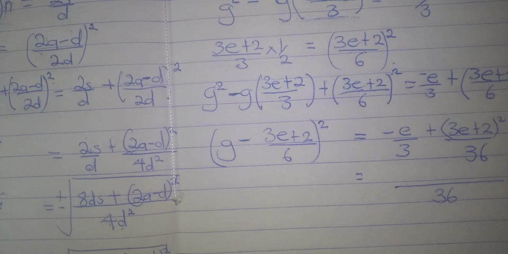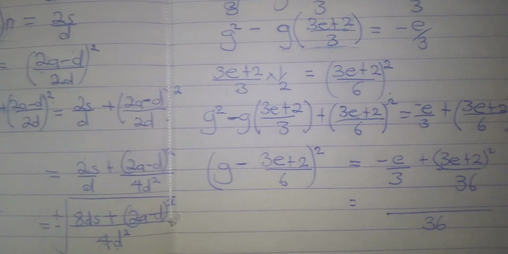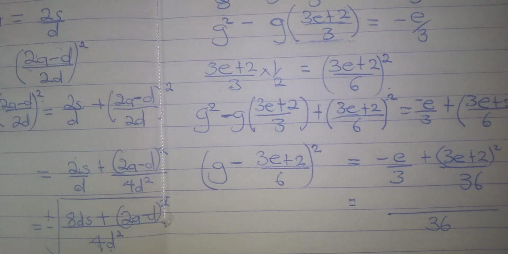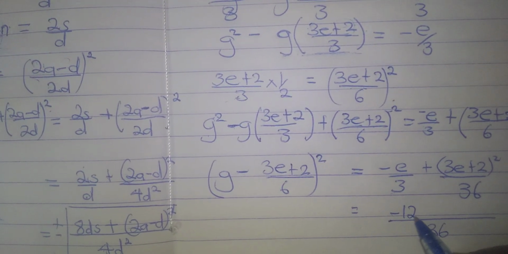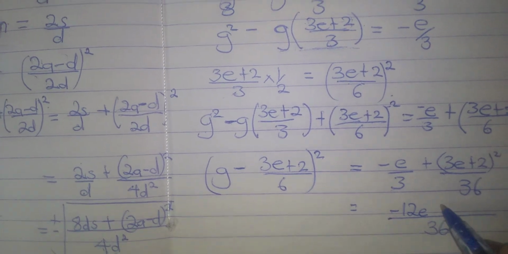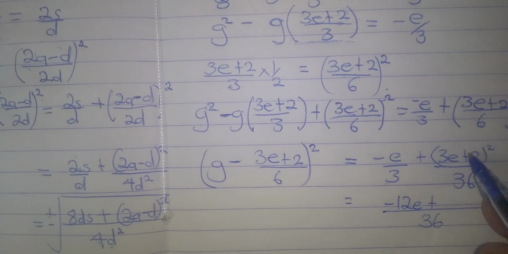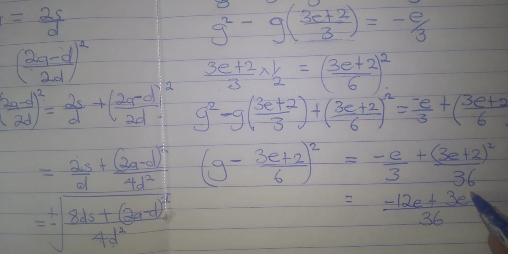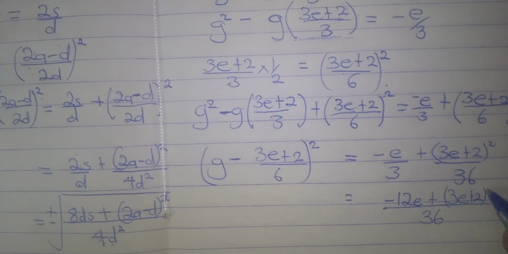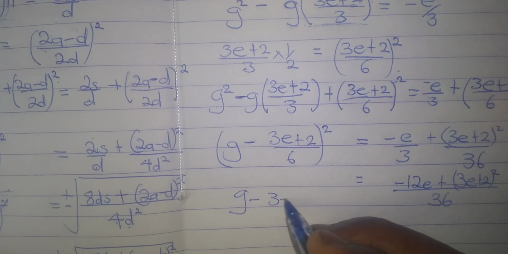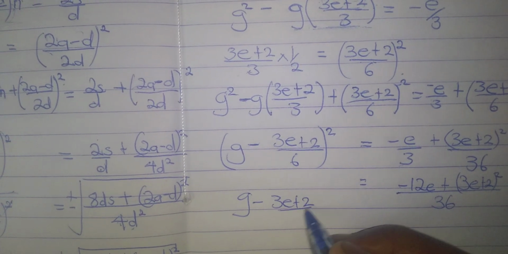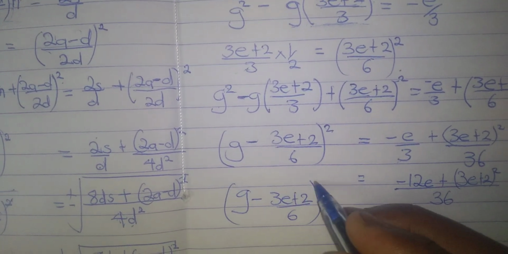So when you get that 12, you can continue, because 36 divided by 3 gives a 12. This is negative 12e. 36 and that, they will go times 1, 3e plus 2 squared. So this is our g minus 3e plus 2 over 6, all of them squared.